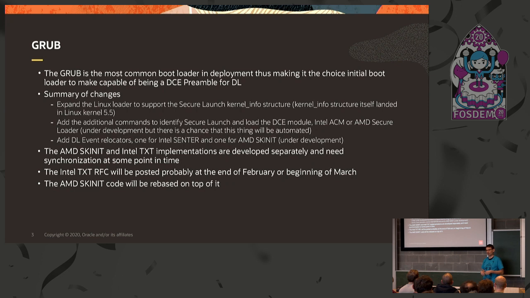Another command will load, in case of Intel TXT, the ACM module into RAM, and in case of AMD SKINIT, the LZ. I think that this part can be automated, and at some point we will drop this load module command.